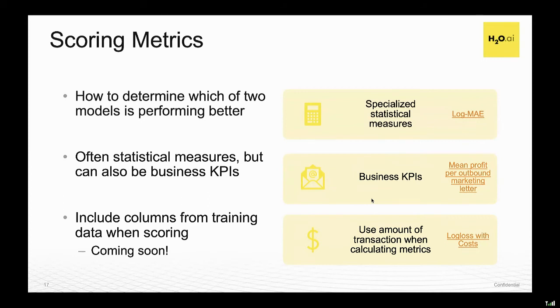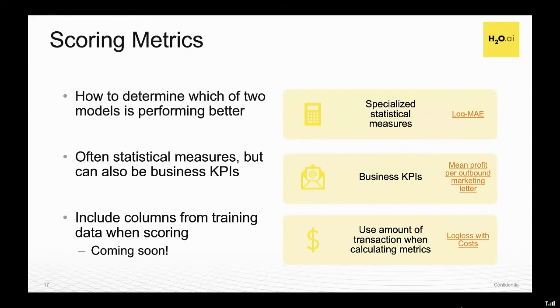That's something you could add in yourself. An example of a business KPI you might want to use is mean profit per outbound marketing letter. Basically this will tell us which model is going to get us the most profit if we send out a letter to someone, because there's a cost for sending out a letter that is unsuccessful, and then there's a profit for sending out a letter that is successful. So now we're starting to add more of our business metrics into our scoring metrics.